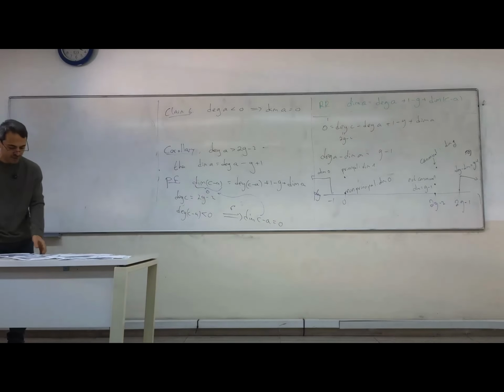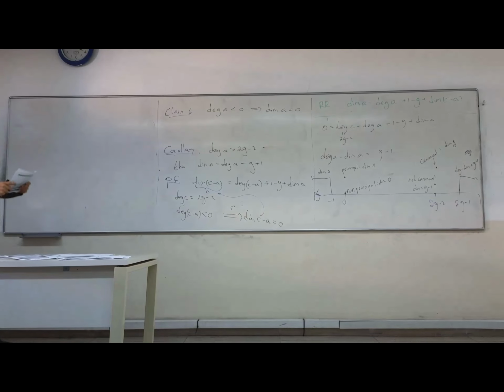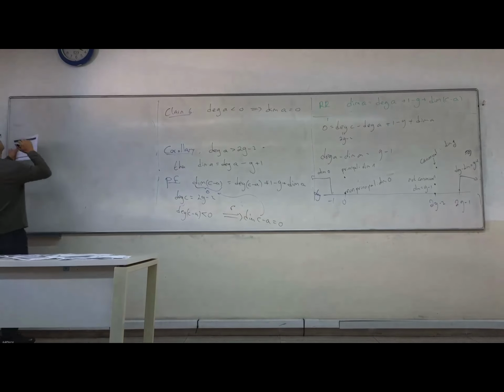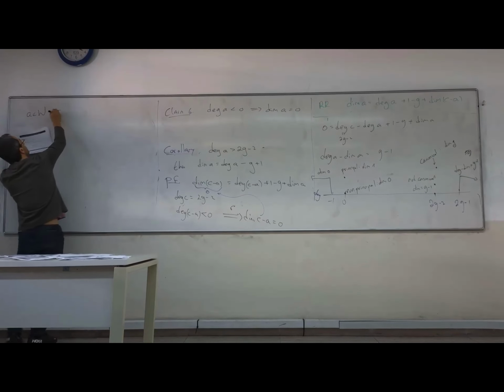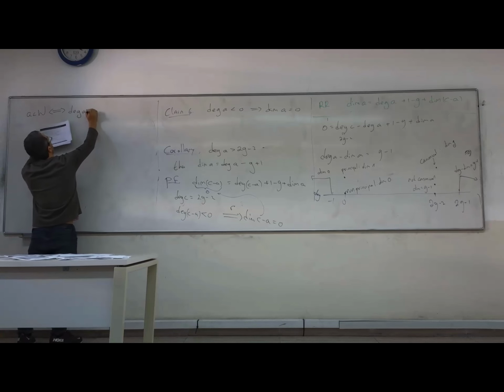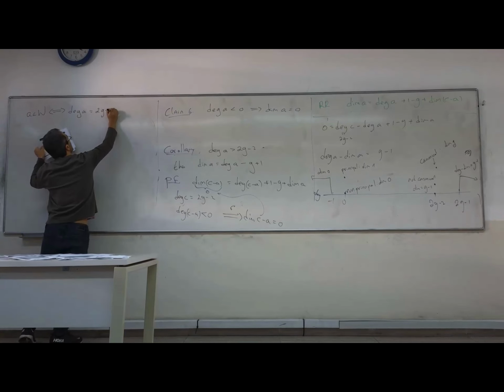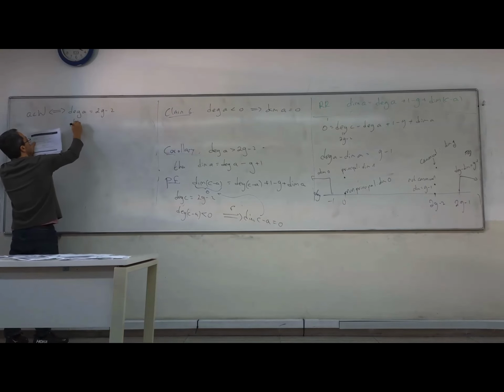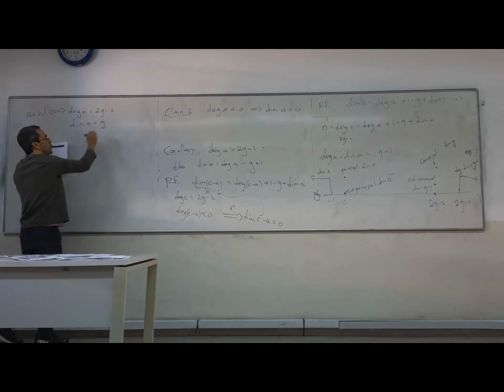So let's see. Let's find a canonical divisor of kx. So we know that to find a canonical divisor, we just need to find a divisor. It's actually quite easy. With degree 2G, if you know the genus at least, and dimension G, or at least not G minus 1, right?